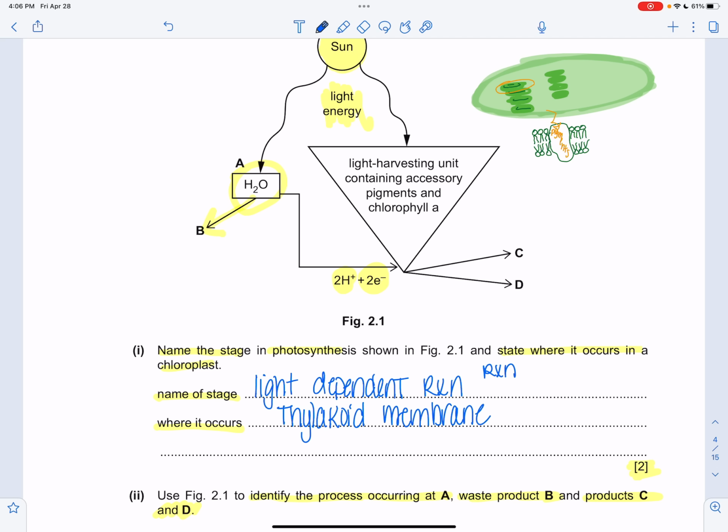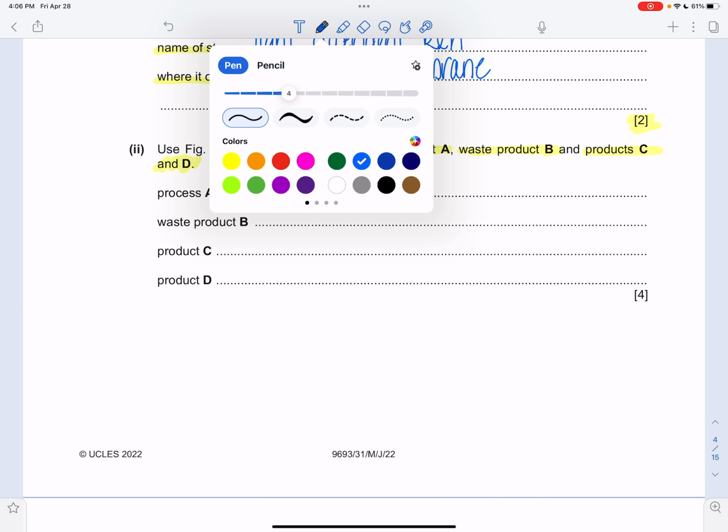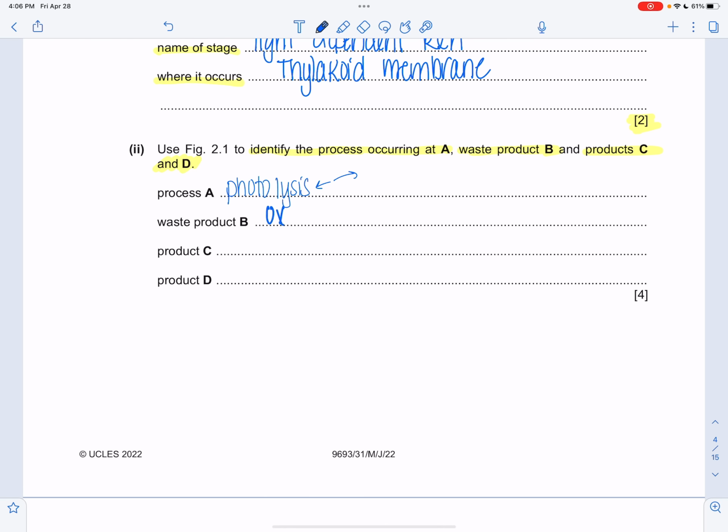And what comes out of this is going to be oxygen. So this process is called photolysis. If you're lysing something, you're breaking it apart or destroying it, and it's done through light energy. And the waste product is going to be oxygen. That is a waste product.